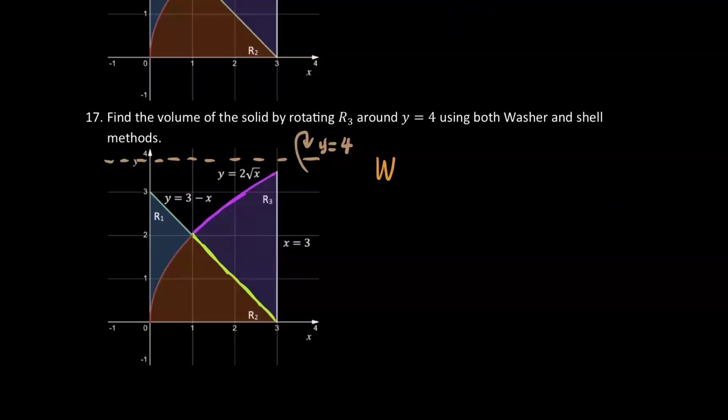And let's first do washer. Because the axis of rotation is parallel to the x-axis, we're doing washer method, and that means we do it in terms of x. Throughout the entire region, the green function is always further away from the axis of rotation, and the pink one is always closer to the axis of rotation. So we do one integral.